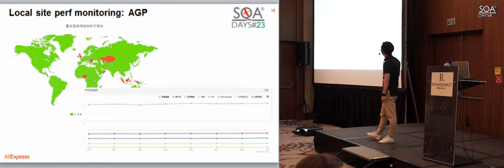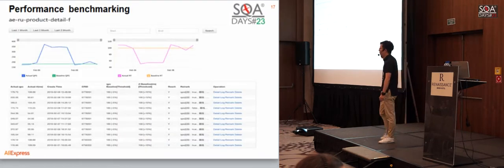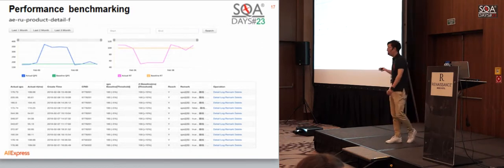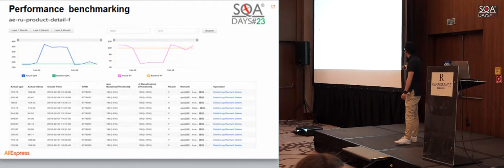And this is our performance benchmarking platform. It will be triggered by the deployment in our pre-production environment. Every branch is deployed to our pre-production environment. The benchmarking script will be triggered and run to get the performance indicators, QPS and response time.